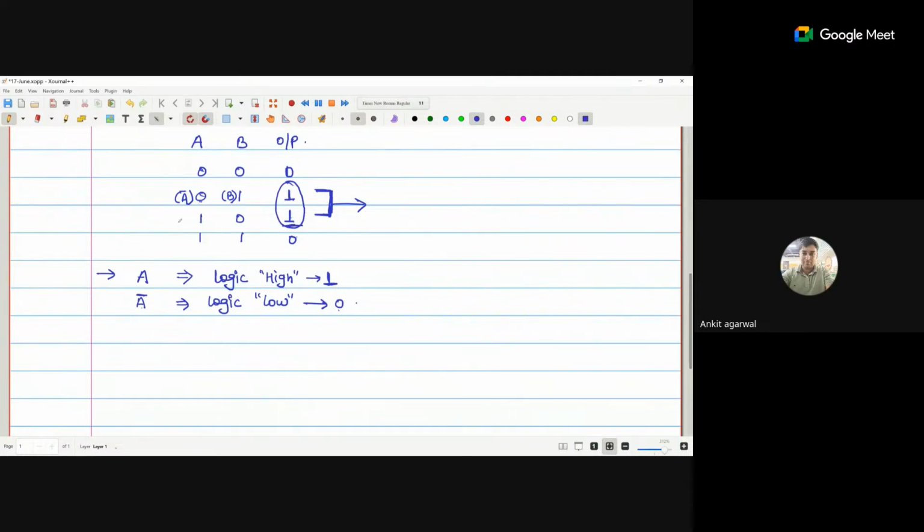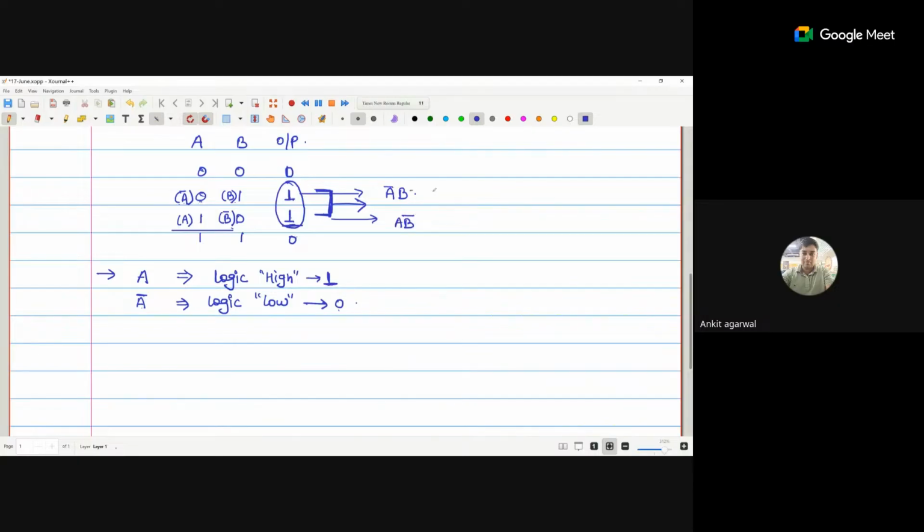Here A is 1, so I can represent it as A, and B is 0, so I can represent it as B bar. Now in the form of min term, we have to take the product of these two. So one term will be A bar B. The second term is the product of these two, so this is A B bar.